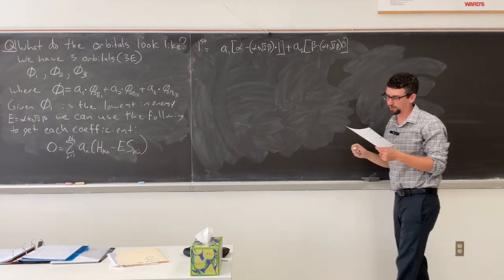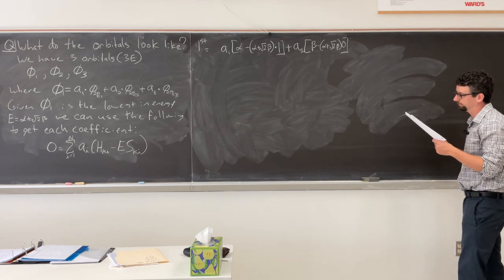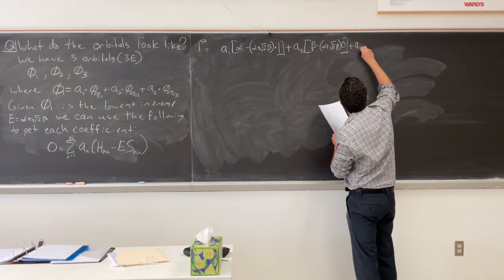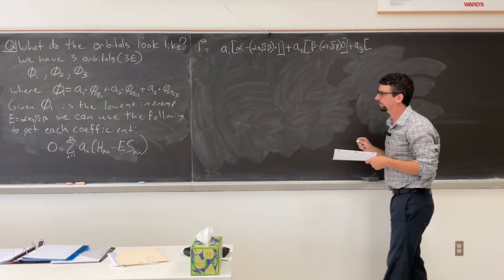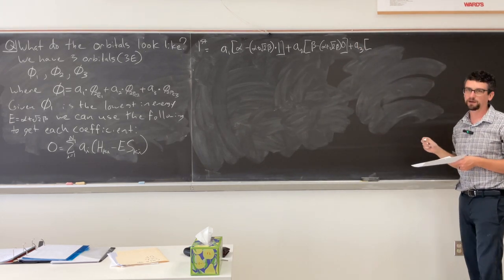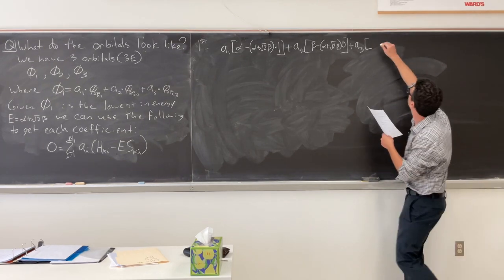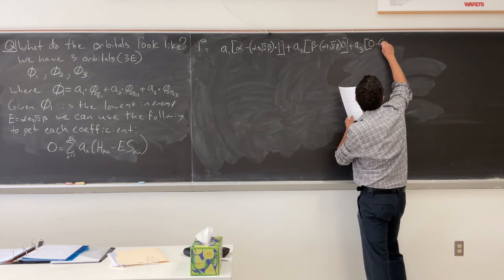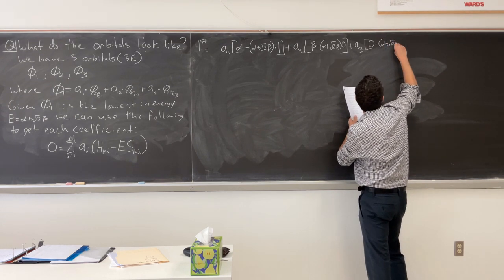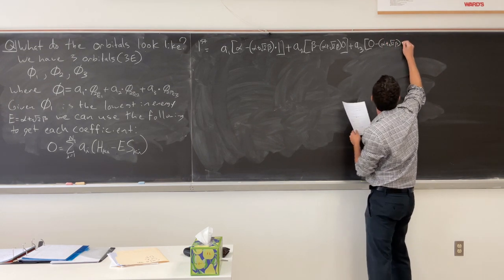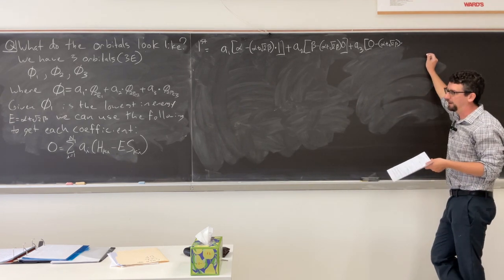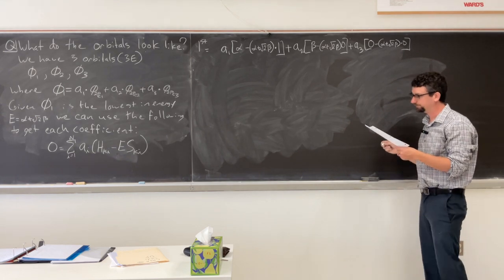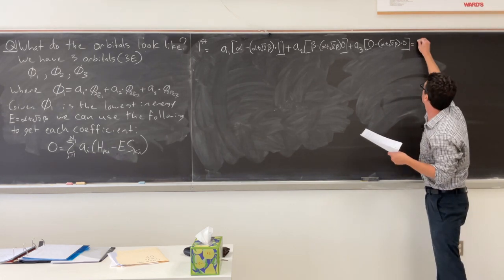So we didn't really have to write that out if we didn't want to. Plus A3 times H13, which is 0, minus our energy, alpha plus square root 2 beta, times 0. So that whole term is just 0. And that whole thing is equal to 0.